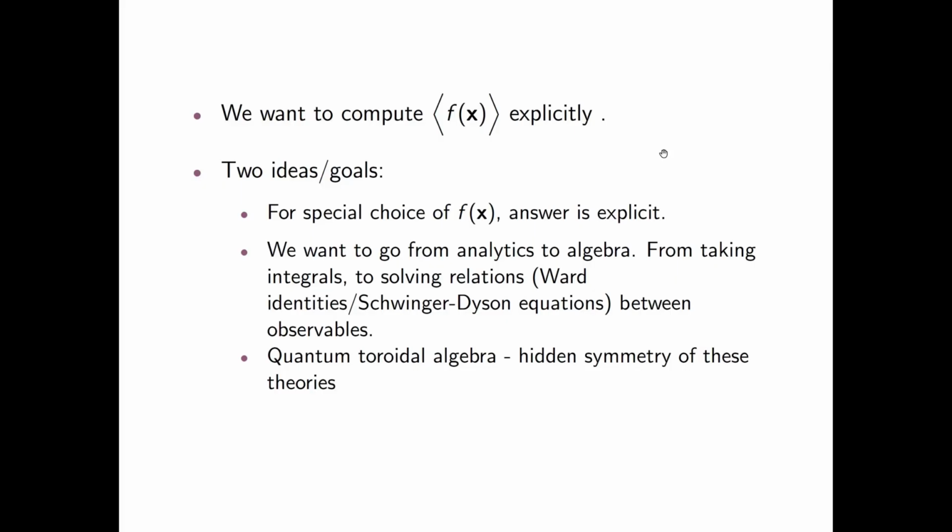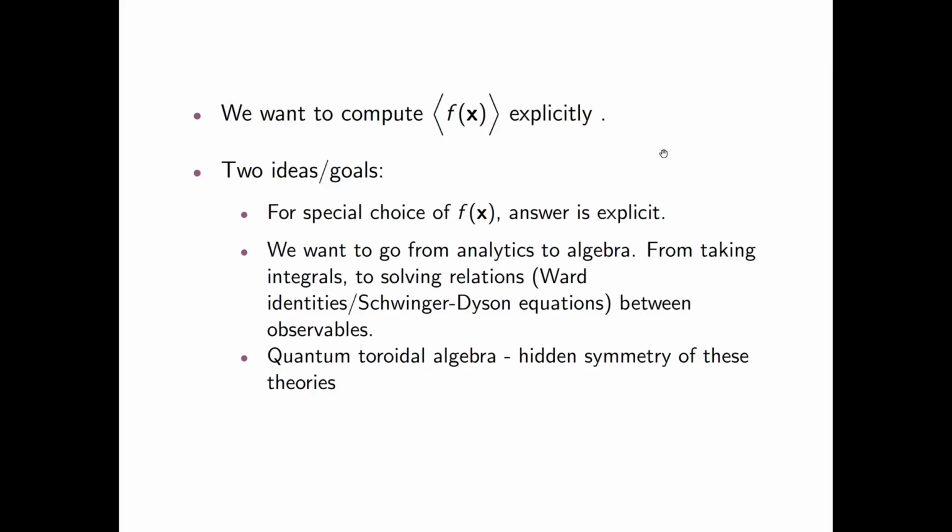But the point is that for special choices of these functions of observables, the answer can be much simpler, it can be explicit. And it's even better if these special choices form some sort of basis in the space of observables. That would mean that we reduce the problem of computing any other potential observable to just linear algebra, to just expanding it into the basis that we like.